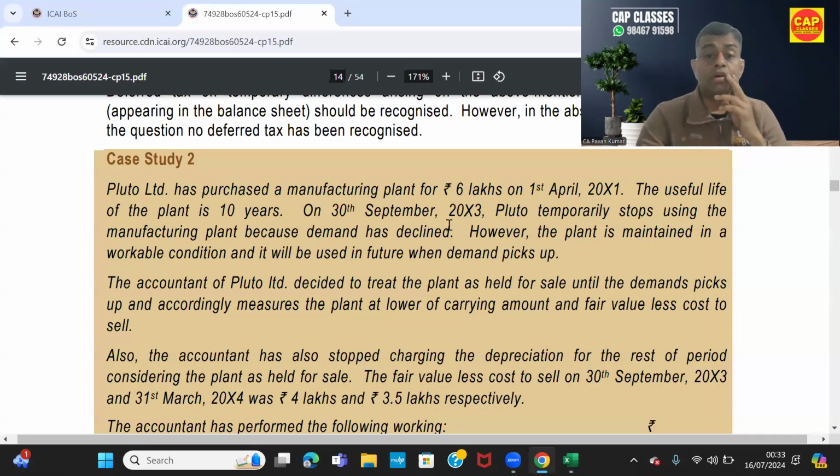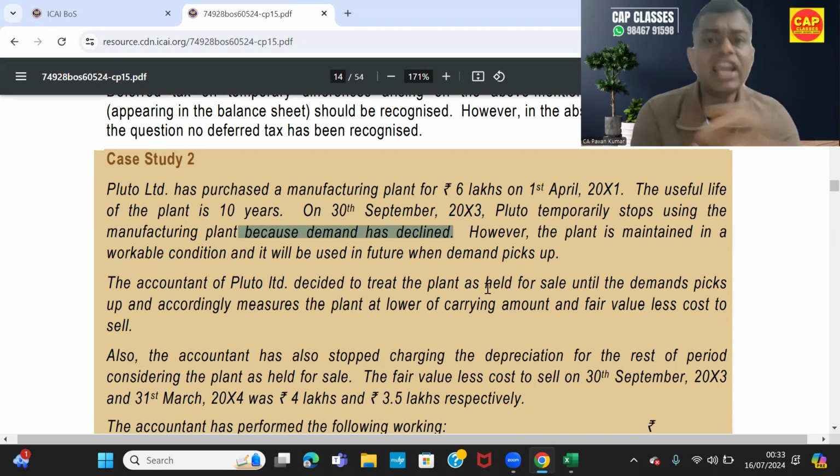Now, Pluto temporarily stops using the manufacturing plant because demand has declined. Somewhere you have seen this. Remember, the rule is when you are doing chapter 15, you should complete all the other chapters.